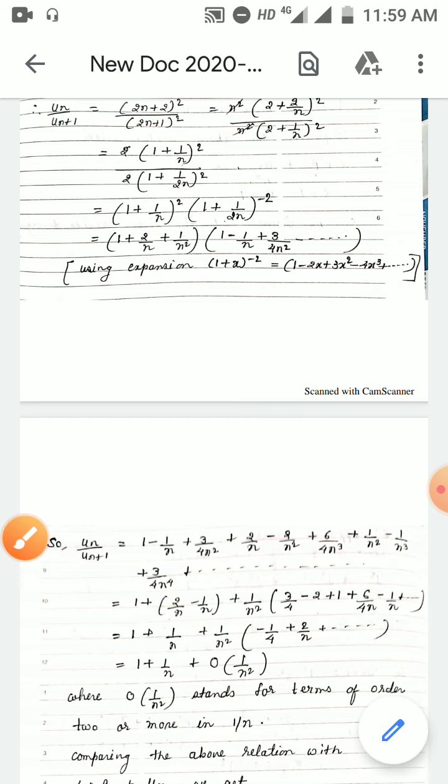We will get 1 + 1/n + (1/n²)(−1/4 + 2/n) plus so on. This further can be written as 1 + 1/n + O(1/n²). Here O(1/n²) stands for the terms of order 2 or more in 1/n, meaning all the rest of the terms are taken as the function O(1/n²).